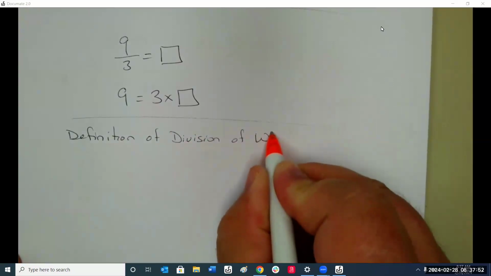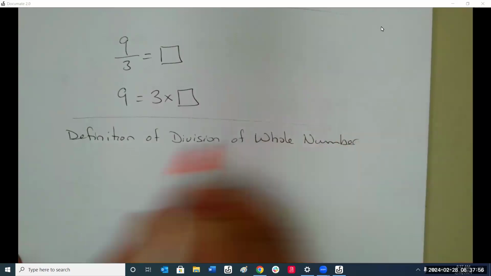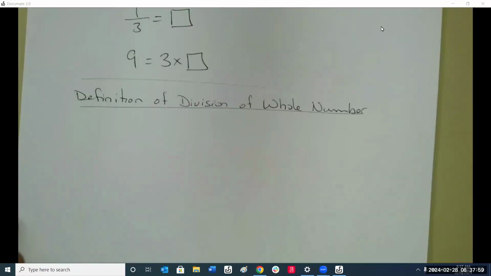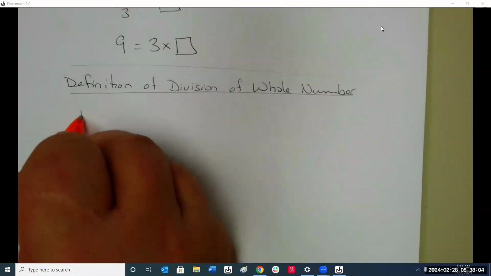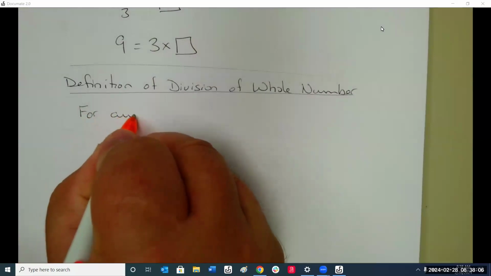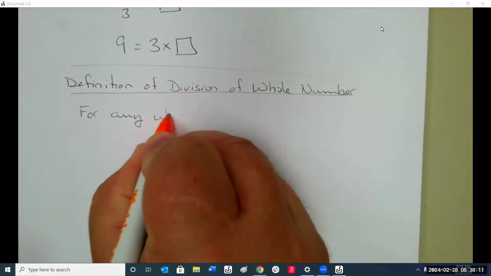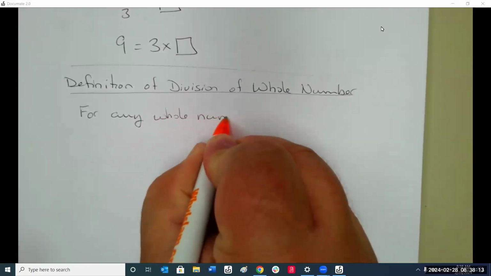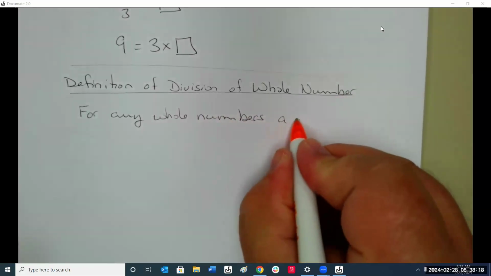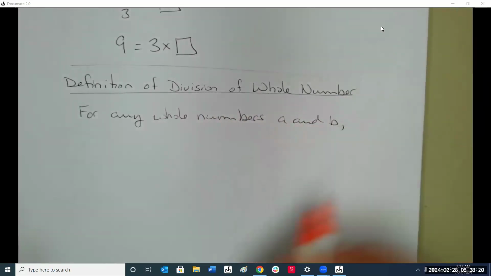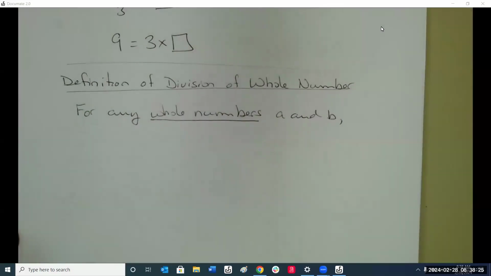So here is the definition of division of whole numbers. For any whole numbers A and B, remember, we're defining which set these numbers belong to.